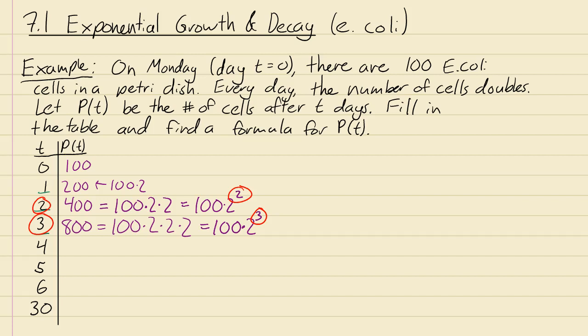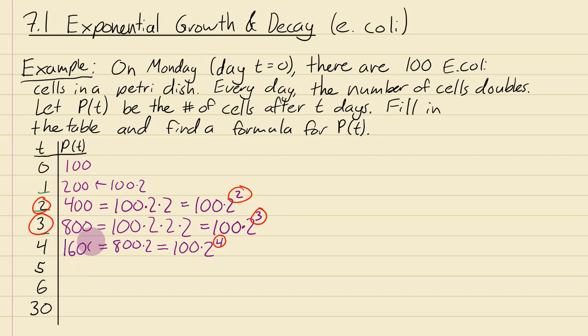So what if we just wanted to plug the number 4 into something? Well, you could think of it as 800 times 2 if you want, or you could also think of it as 100 that gets doubled 4 times. So I'm going to plug that 4 in there, and 2 to the power 4 gives you 16, and you end up with 1600, just like 800 times 2 is 1600.